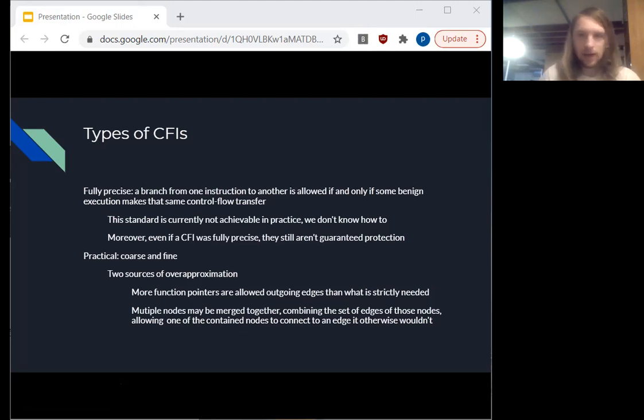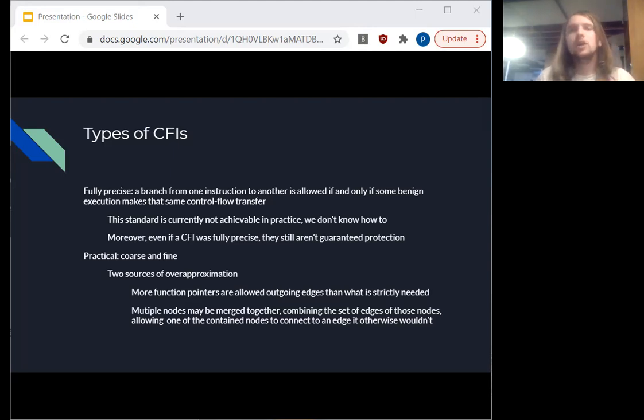We don't know how to achieve this standard. And as mentioned on the previous slide, we can only ever over approximate. We suffer from an issue where we're going to have more edges than what we need. And more edges means it's going to be less secure, meaning it's less effective as a security countermeasure. So it's one of the things that we have to balance and understand about this.